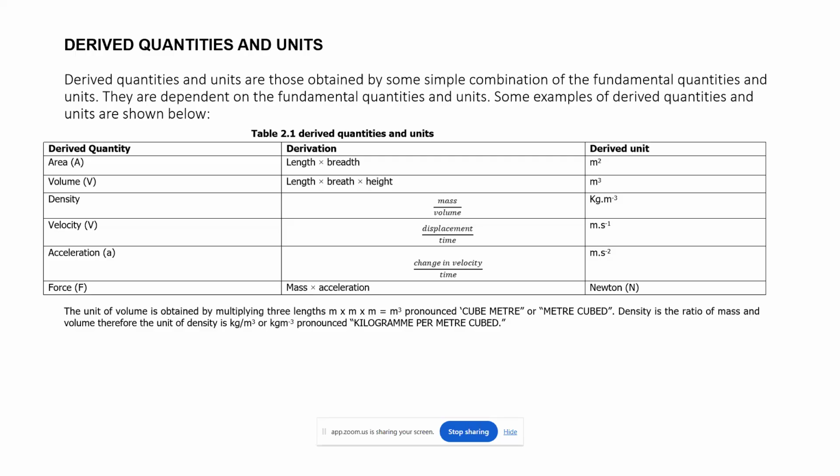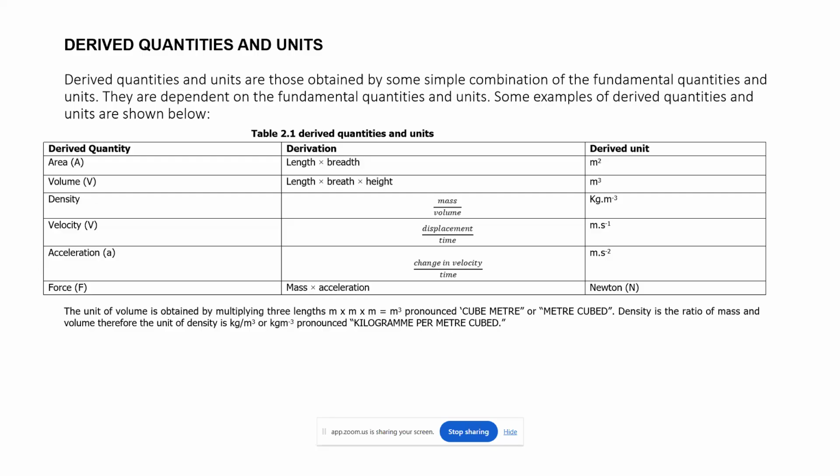Next is density. For you to know the meaning of density, density is simply mass per volume. What is the mass of this object per the volume? So how do we get to the derived unit? It's simple. We ask ourselves, what is the unit of mass? From the previous slide, we say mass is measured in kg. So we have kg per volume. What is the derived unit for volume?